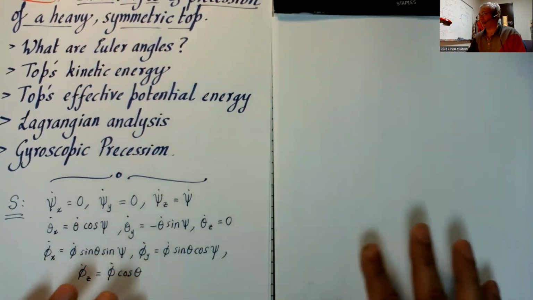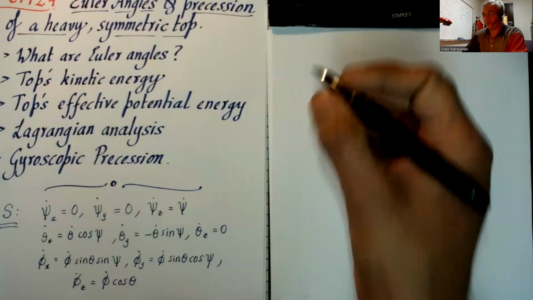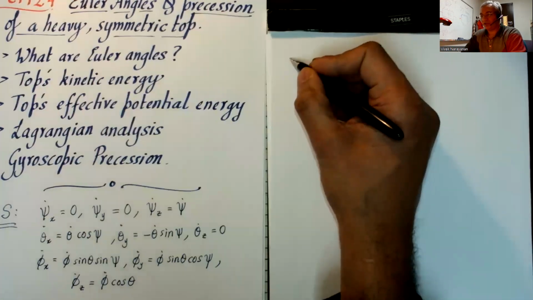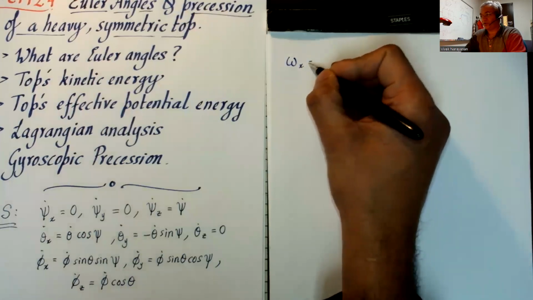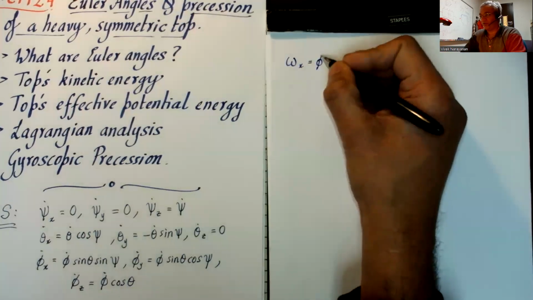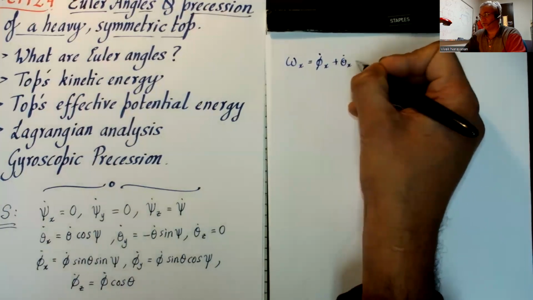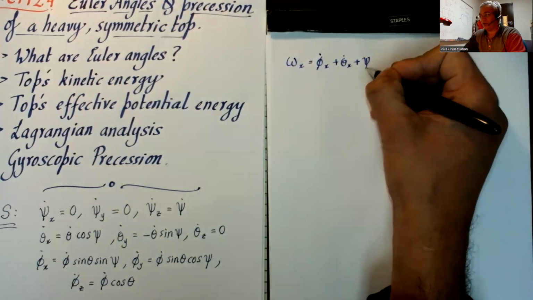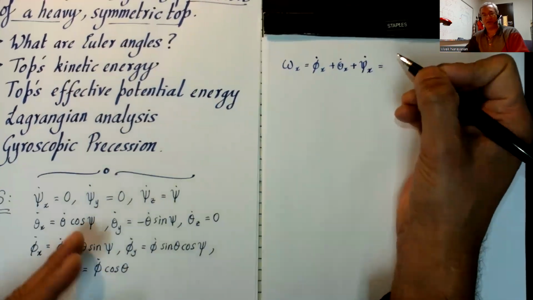Now, the angular velocity in the frames is given by the sum of the components. So the x component of angular velocity is going to be phi dot x plus theta dot x plus psi dot x. Let's assemble the ingredients from here.